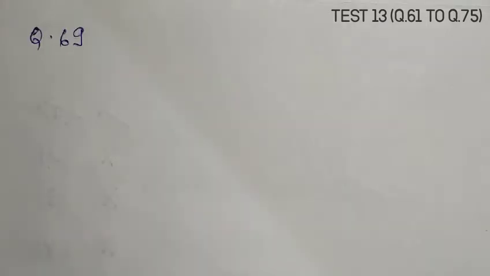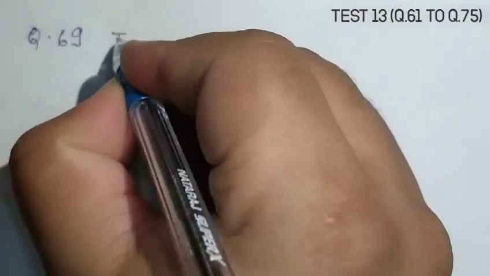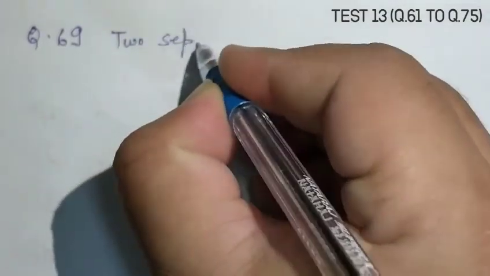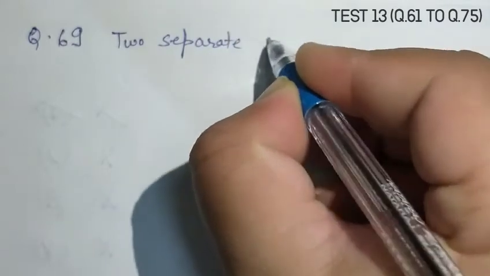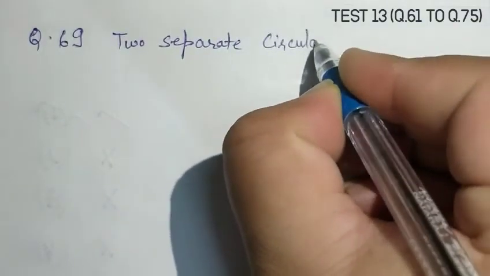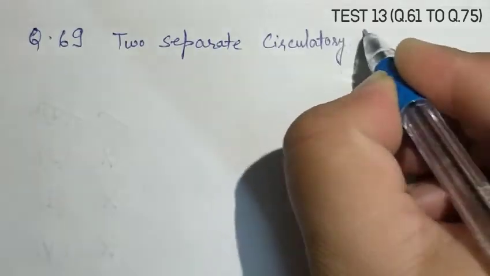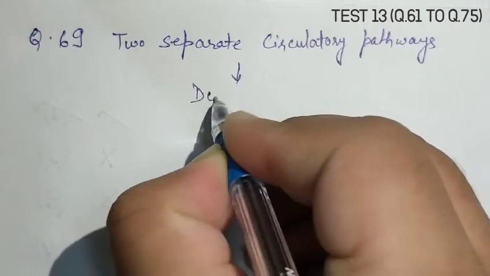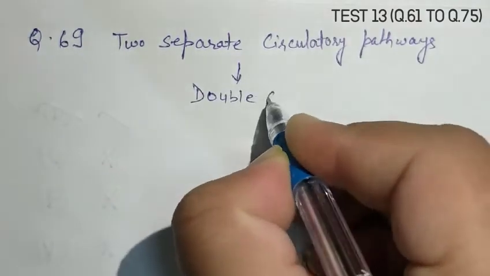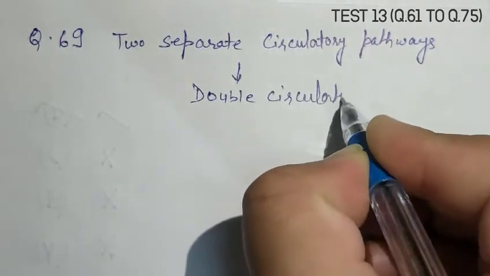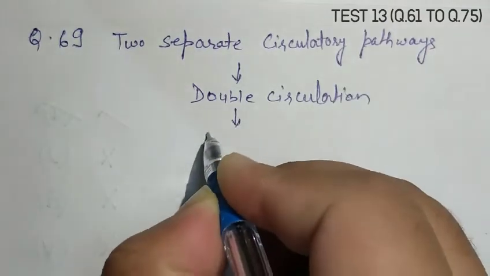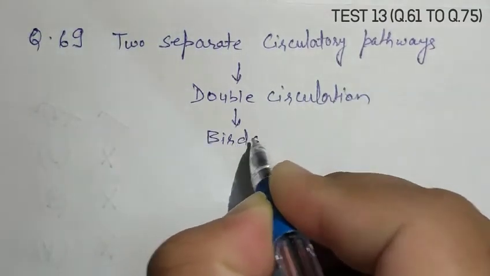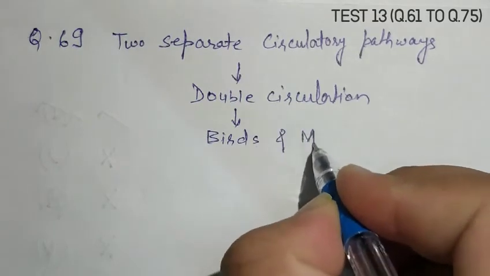Question number 69. Which one of the following animals has two separate circulatory pathways? That is double circulation, and double circulation is present in birds and mammals.